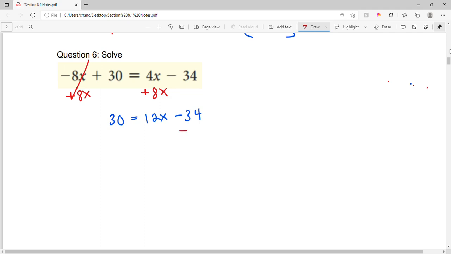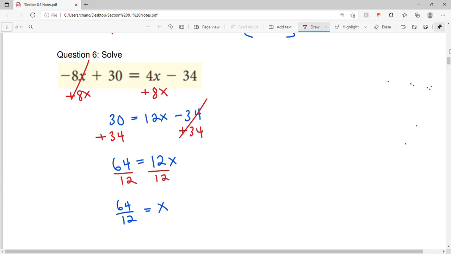I'm going to add 34 to both sides to isolate that x. 30 plus 34, that simplifies to 64, and that's equal to 12x. The negative 34 and the plus 34 cancels out. Let's divide both sides by 12 to isolate that x. And so this simplifies as 64 over 12 equals x.